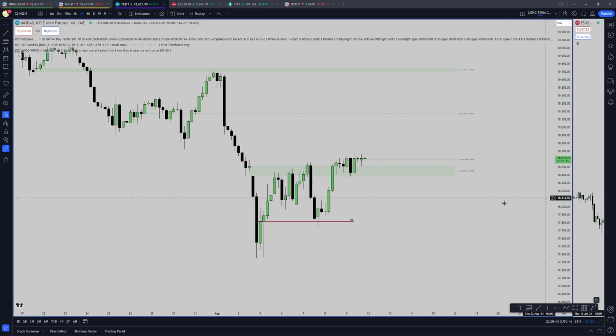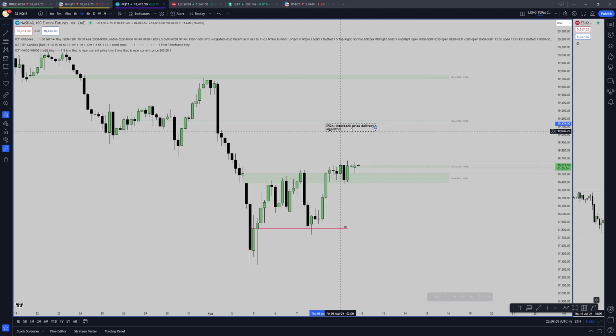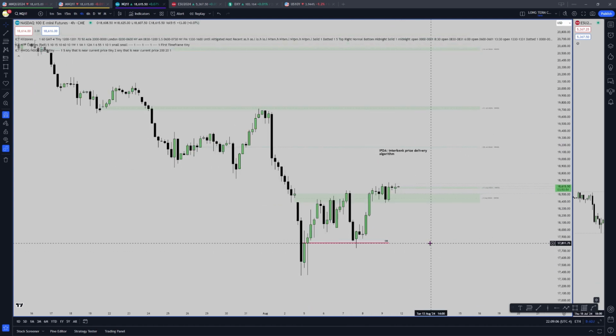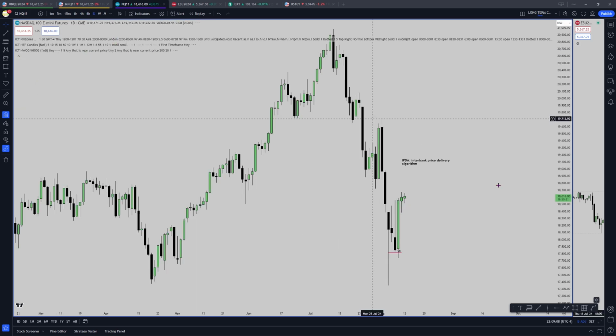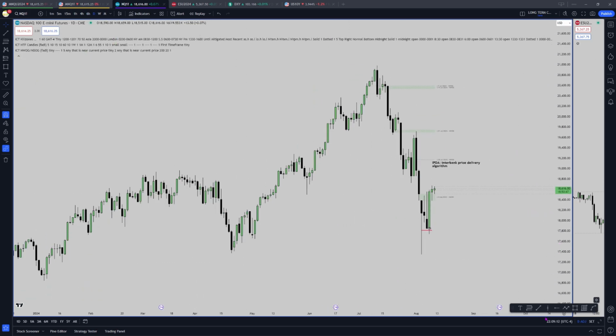Yeah, so IPDA, I might botch this. Inter something price delivery algorithm. Oh, the interbank price delivery algorithm. So like I was explaining with the market maker models, we had this original consolidation down here.